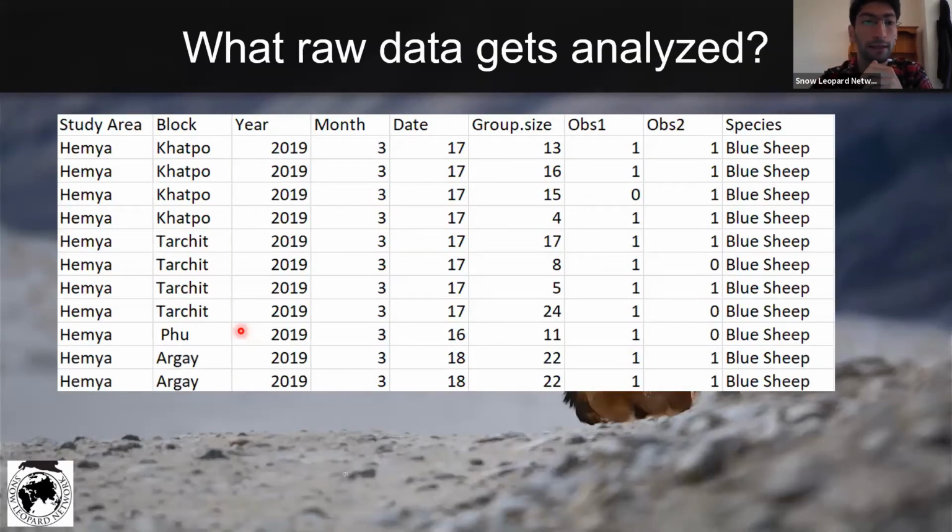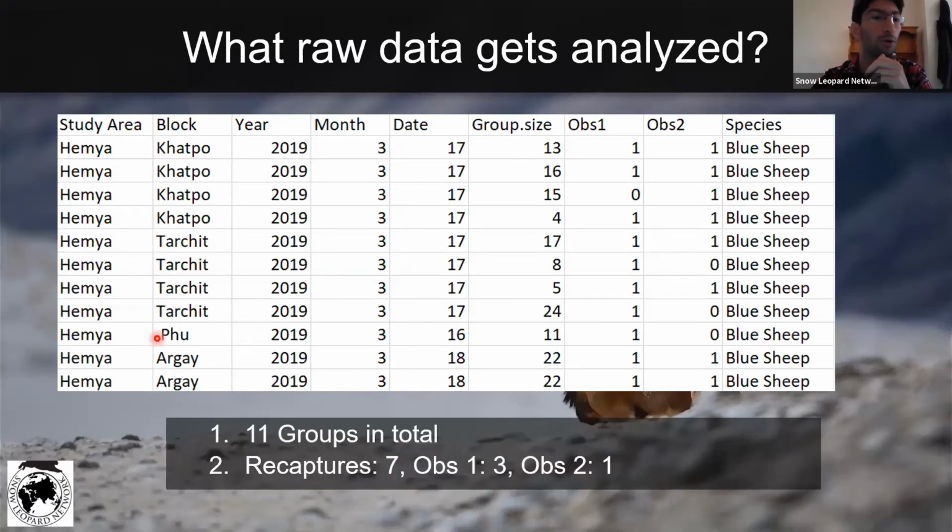This is just to show what it looks like, let's say on a spreadsheet or a data input sheet, let's say in Excel. As we spoke last time, we have a study area. For instance, here, the study area is called Himya. This is one of my field sites in northern India, in Ladakh. As you will recall, that study area is divided into various survey blocks that we survey. For instance, just as an example here, we had 4 survey blocks, Khatpu, Tarshi, Pu, and Arge.